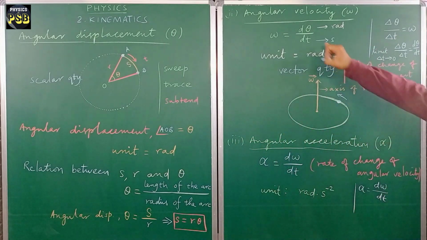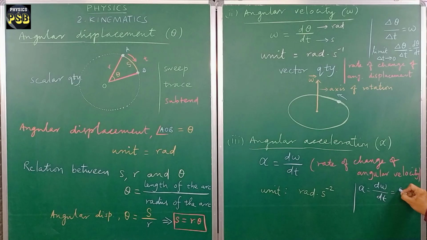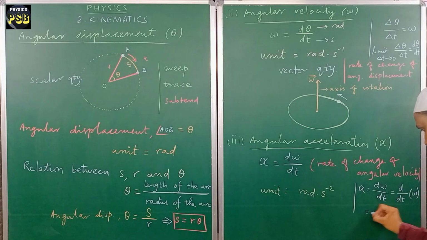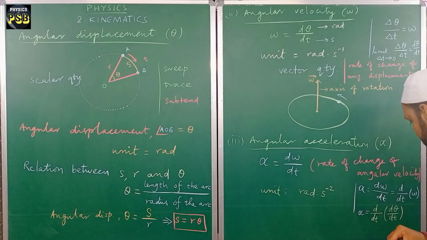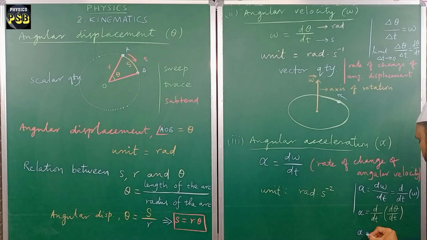Now, in the place of omega, I write this equation, d theta upon dt. What do I get if I do so? d upon dt of d theta upon dt. The final equation that I'll get is d square theta upon dt square.